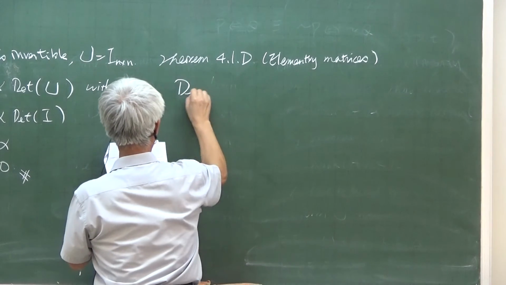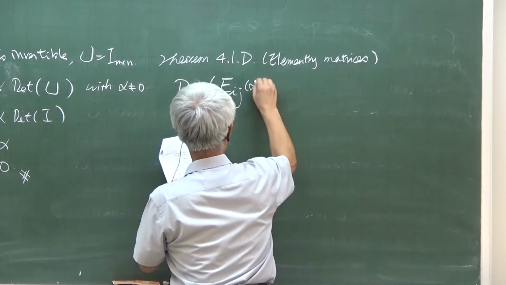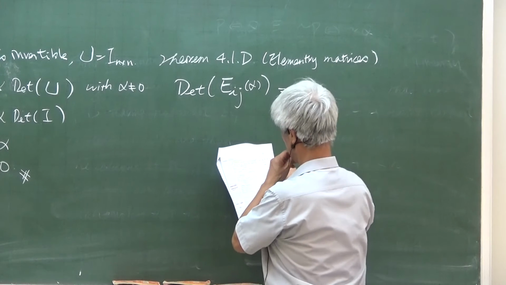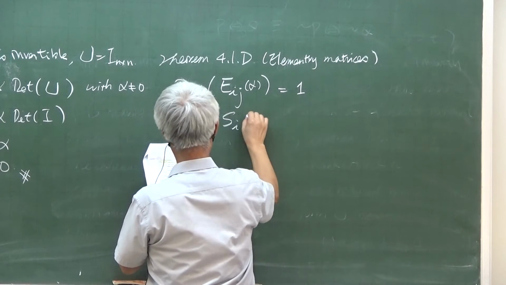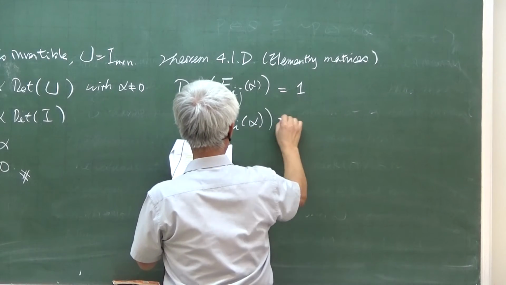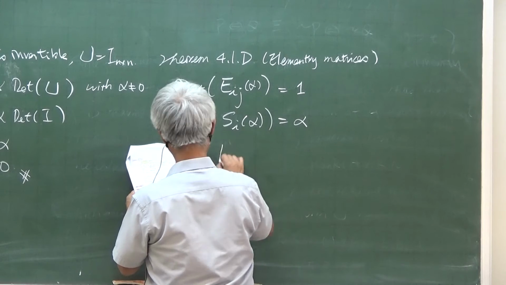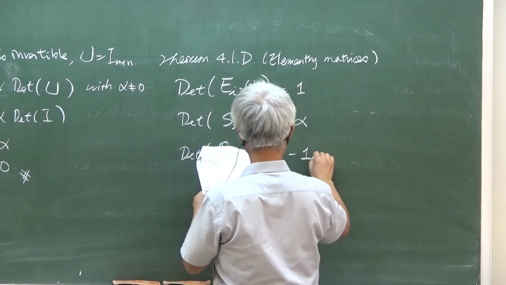All right, so the determinant of E_ij(alpha) is 1. Okay, the determinant of the scaling matrix S_i(alpha) is alpha, and the determinant of the row exchange E_ij is minus 1.